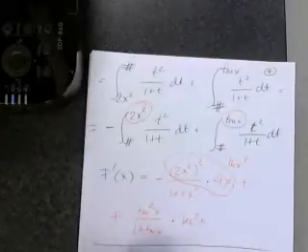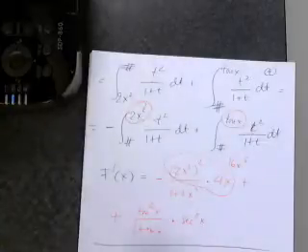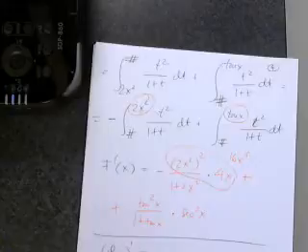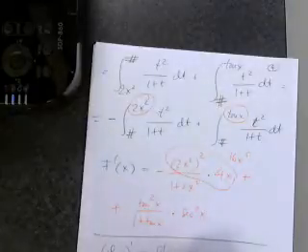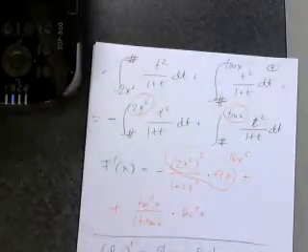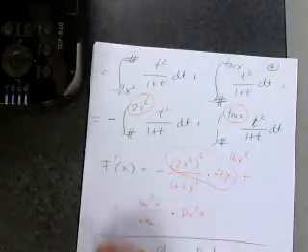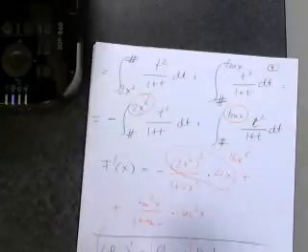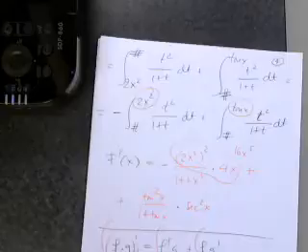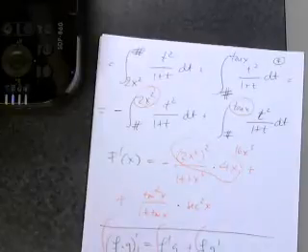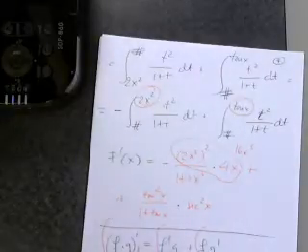If I have a product of two functions and I differentiate it, what do I get? F prime G plus F G prime. Very good. Now I'm going to integrate both sides, of course dx. What do I get here? F times G. Very good.